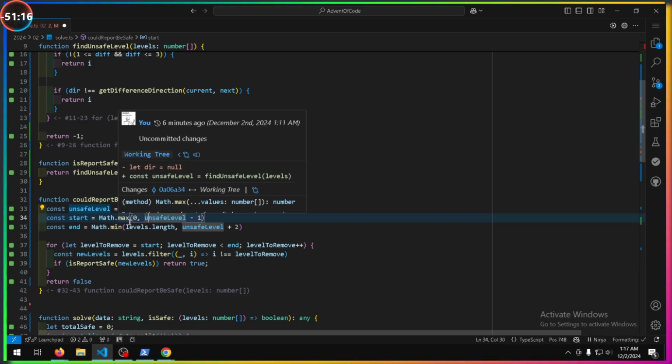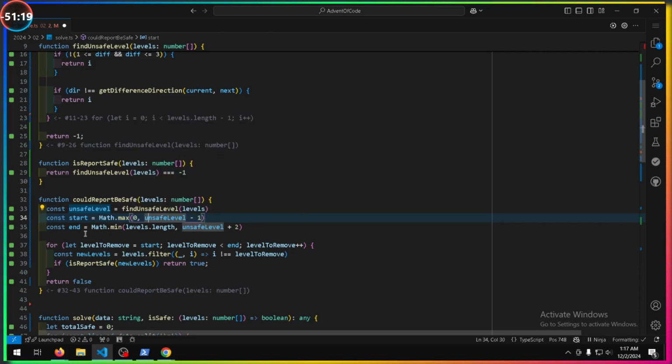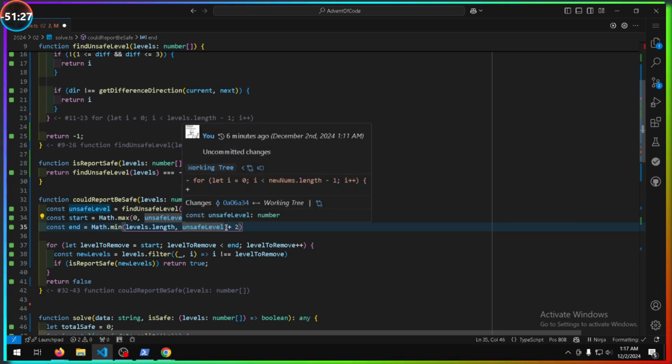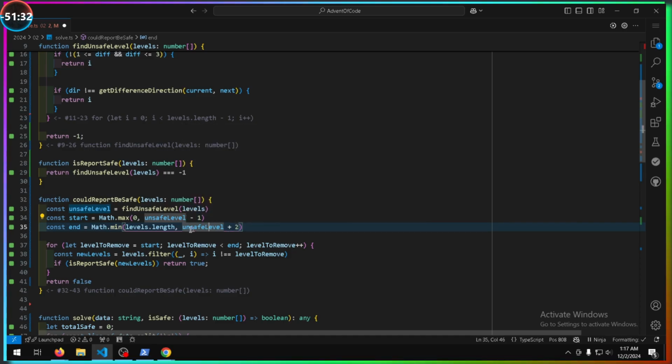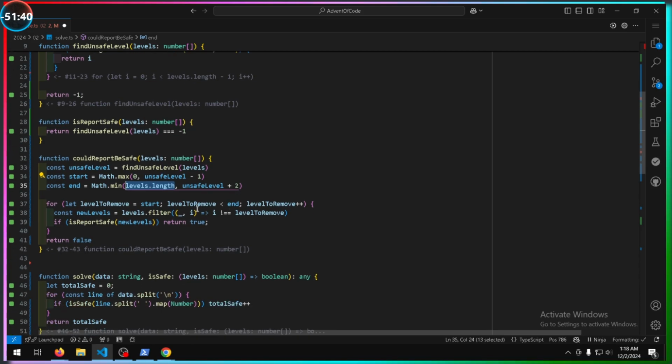We do not want to go to the undefined lands. Same for the end. We want to go +2 to our unsafe level, because the one after our unsafe level could be the problem, and end is exclusive, not inclusive. So we want to do +2, but then that might throw us to the undefined lands. So Math.min against levels length to keep us in the defined lands.